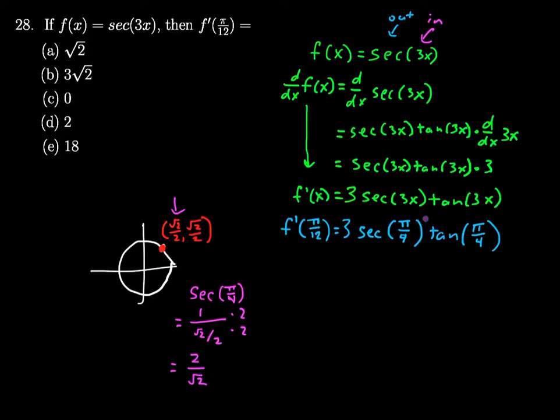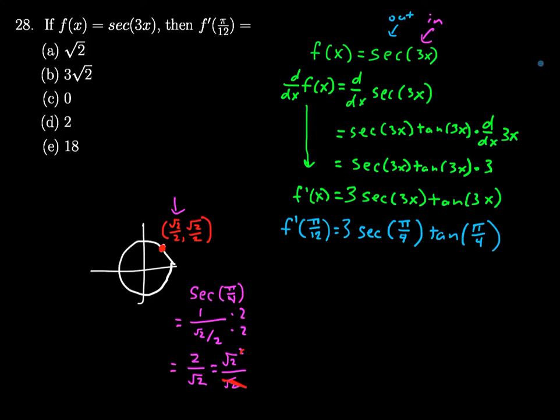They might just require that you know what secant of pi over 4 is, but let's finish this off. I think the easiest way to see this is to know that 2 is just root 2 squared, and root 2 squared divided by root 2 means that the squared and this can cancel. I'm just left with root 2.